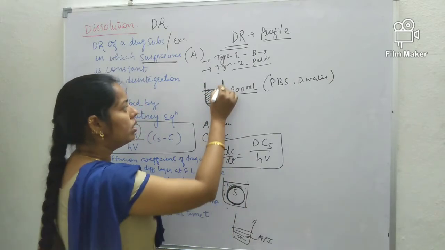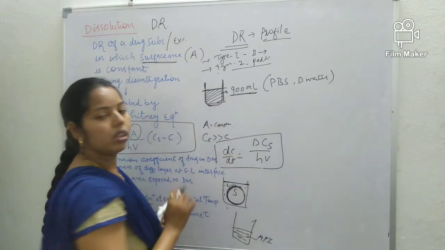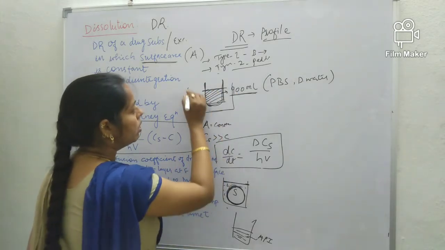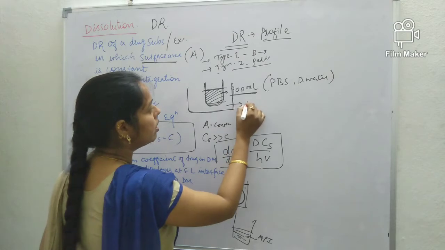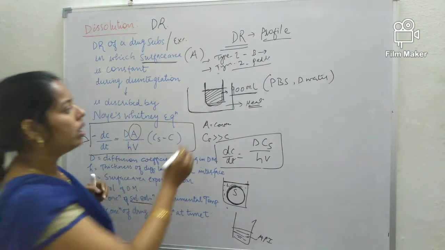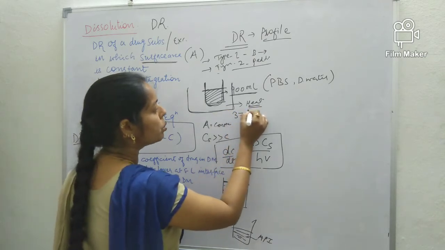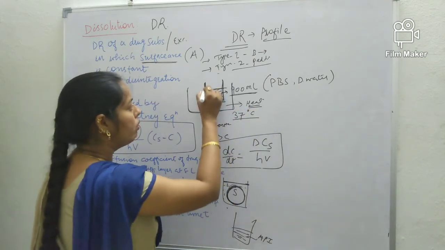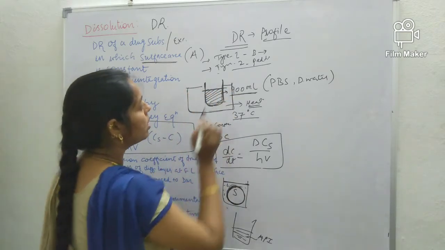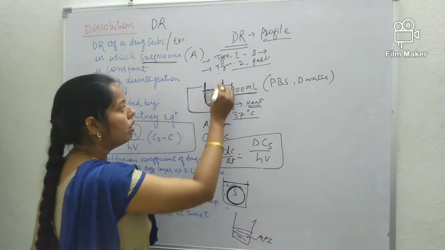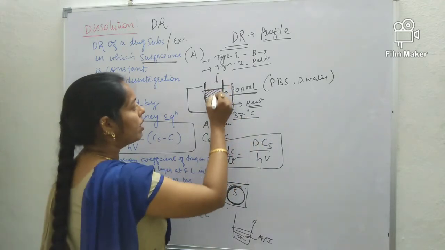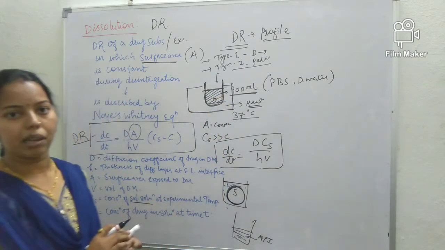This amount is fixed, 900 ml of fluid. Then we start to heat the outer liquid of the chamber until the temperature reaches 37 degrees centigrade, we switch on the instrument, and when the temperature reaches 37 degrees centigrade, we place our tablet into the sample.